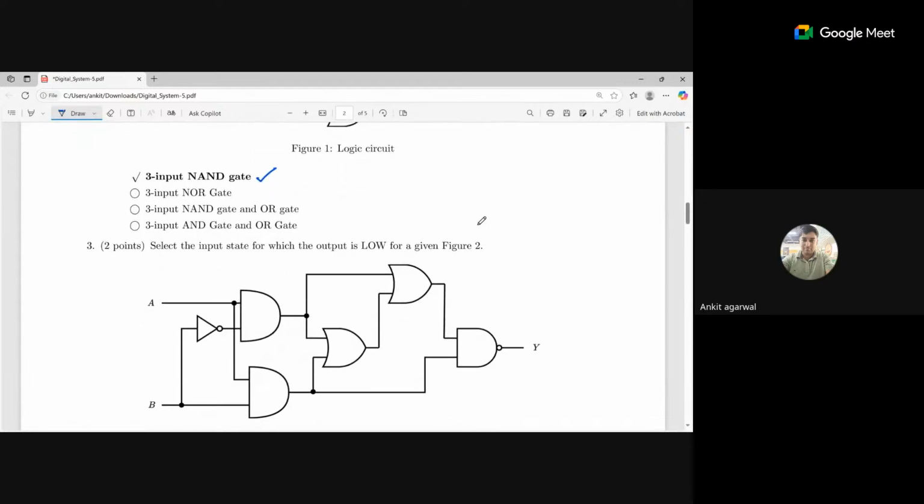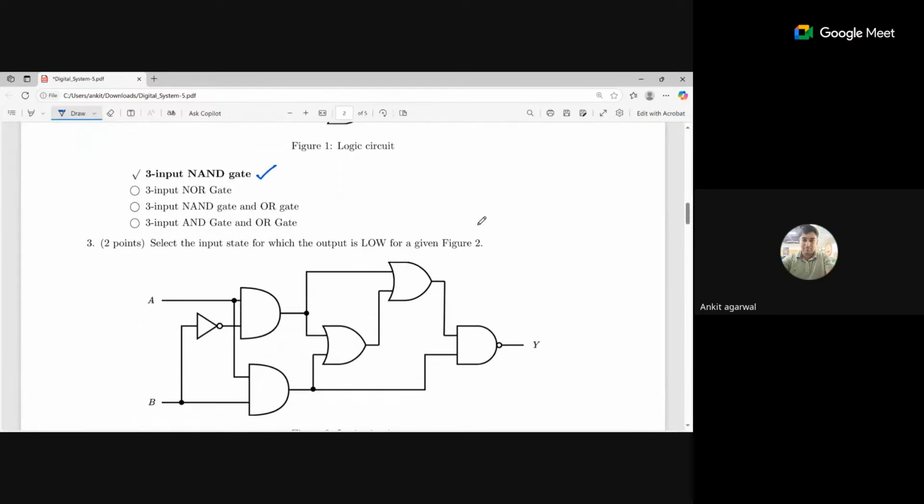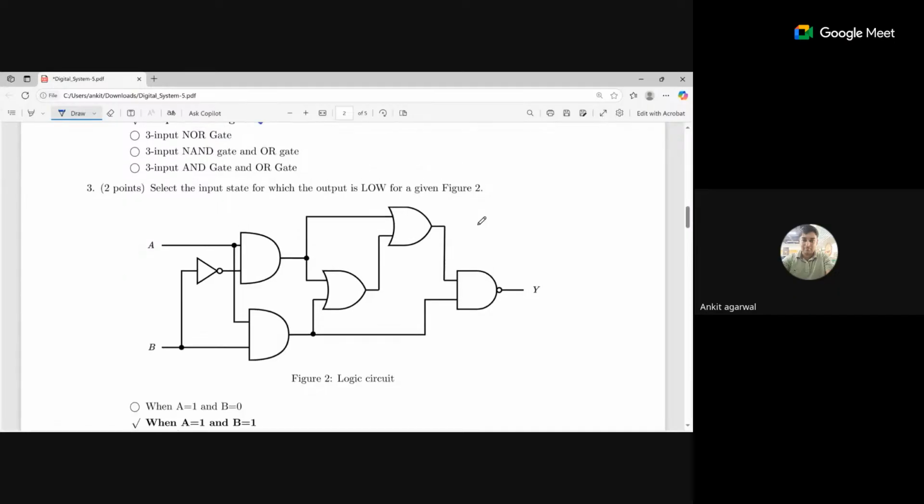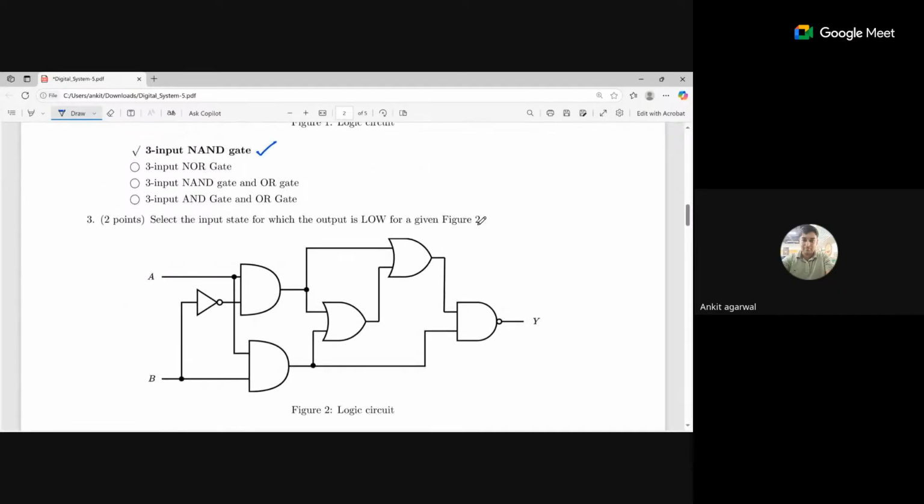Select the input state for which the output is low for the given figure. So we have to find the equation of y.